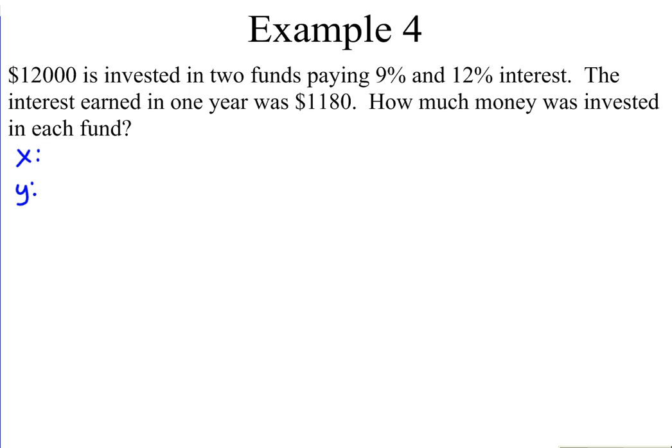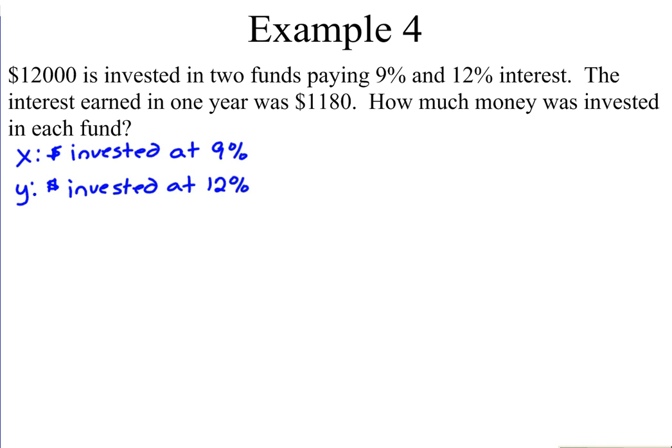X is the amount of money invested at 9%. Y is the money invested at 12%.